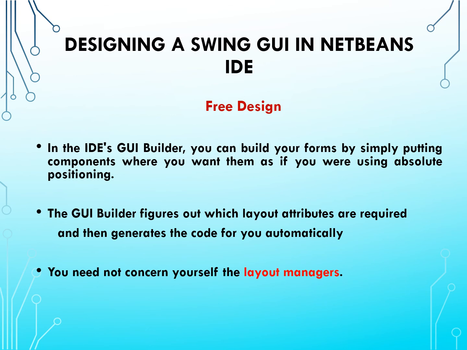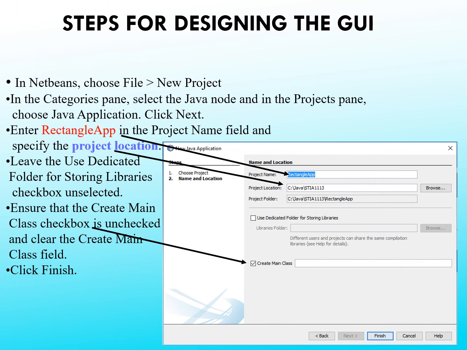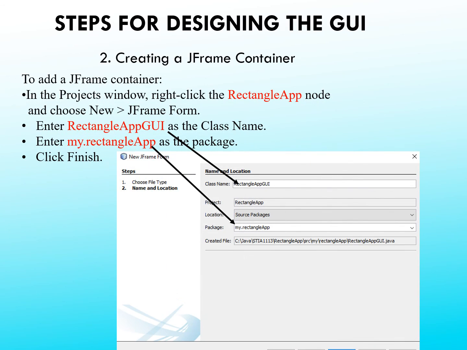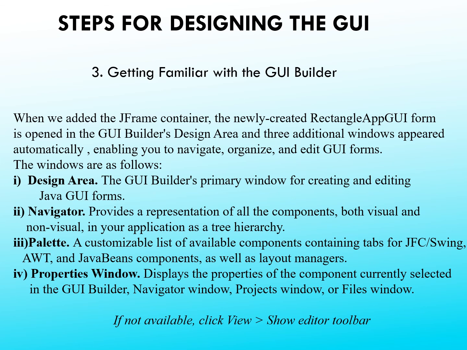And this one is where you use NetBeans. You basically use a free design where you simply drag and drop. So maybe you are not concerned about what layout manager you have been using. Yeah, that is what we have done before. I skip some of it because you are already very familiar with this.